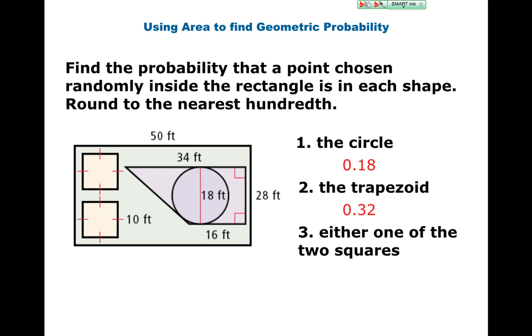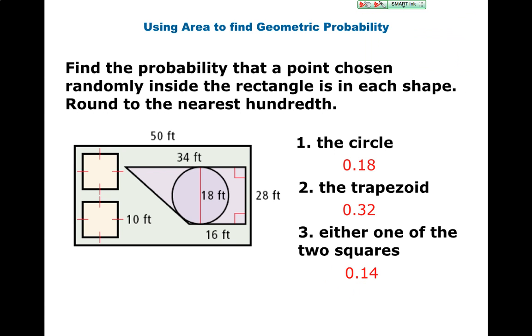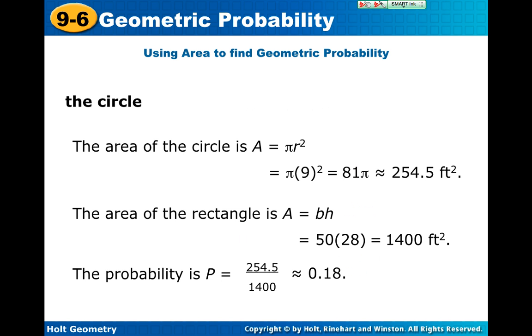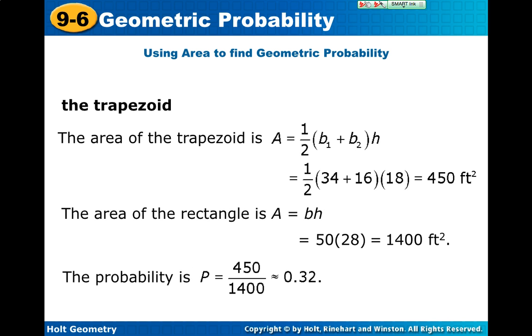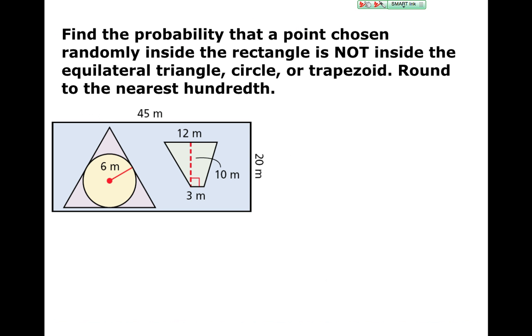Two of them, so 200 out of 1,400. We were going to decimal, 0.14. So what you're doing when you do the area probabilities, you're finding the area of the shape you're interested in compared to the whole thing.